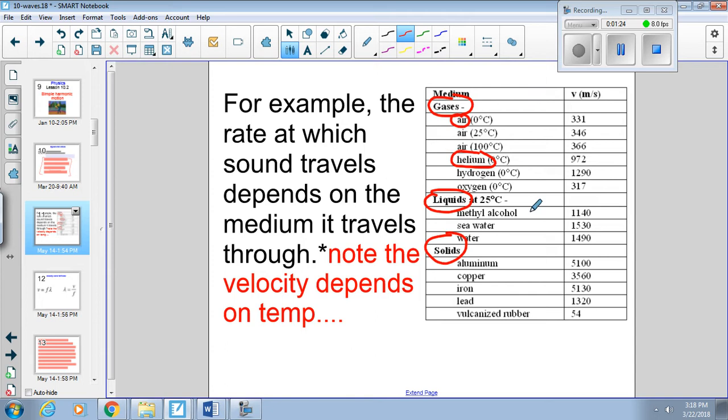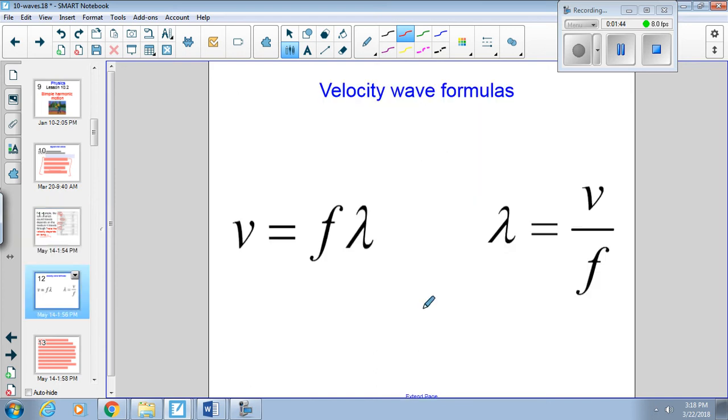Notice as the material changes, so does the speed. And it is apparently dependent on temperature. I wonder why that is. It's almost as if the speed at which these molecules are moving affects the way that energy is being transferred. Wow, science!